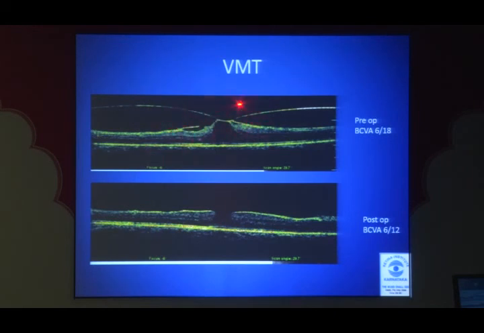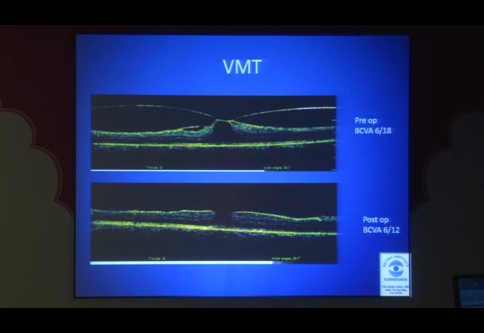Now, this is one condition in which I think OCT has played a crucial role in identifying this particular condition. Before the advent of OCT, I don't think we made a diagnosis of vitreofoveal traction or vitreomacular traction as much with our clinical examination.